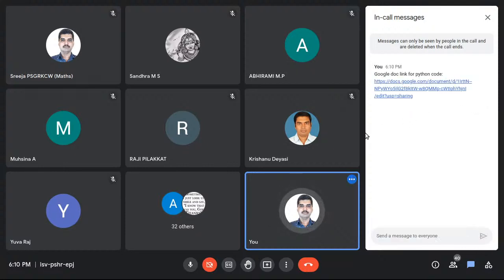The code is here. This is where I'm going to paste the code that I am going to prepare. So let me start sharing my screen.